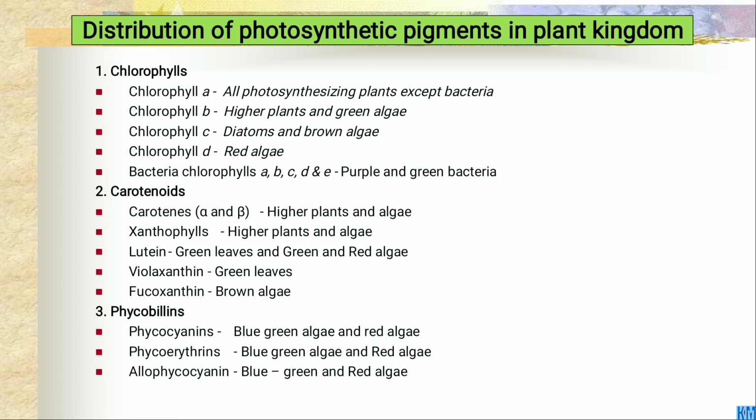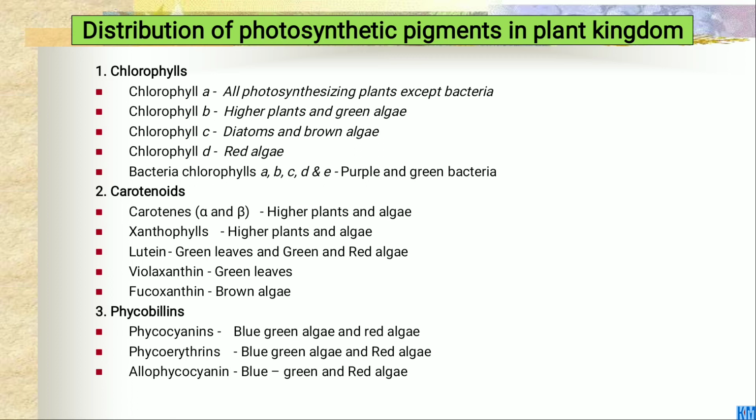Chlorophyll A is present in all photosynthetic plants except bacteria. Higher plants and green algae have chlorophyll B. Diatoms and brown algae have chlorophyll C, and red algae have chlorophyll D. Bacteria have bacteriochlorophyll A, B, C, D and E. It is present in purple and green bacteria.